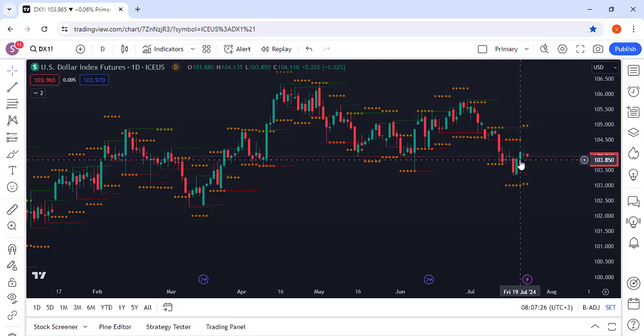So what I was actually thinking was that we're going to have this Friday as the high, and then have Monday and Tuesday be lower, and then maybe we could see a reversal to the upside to break this fractal high.